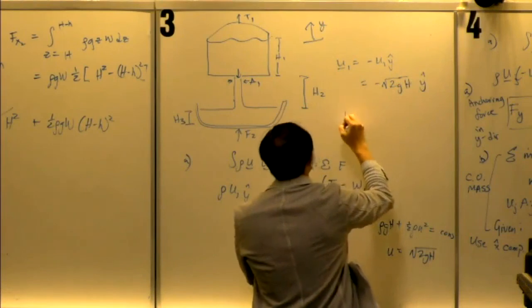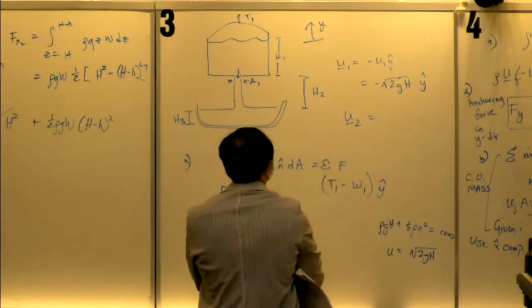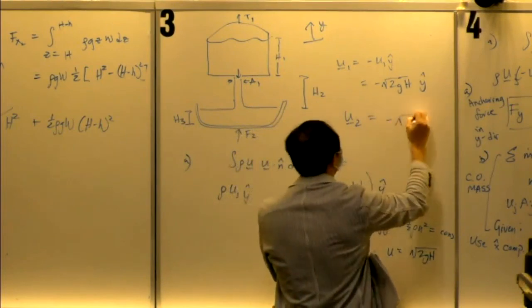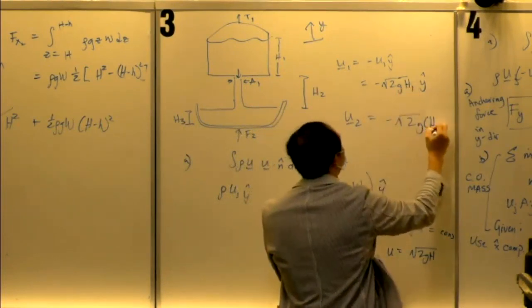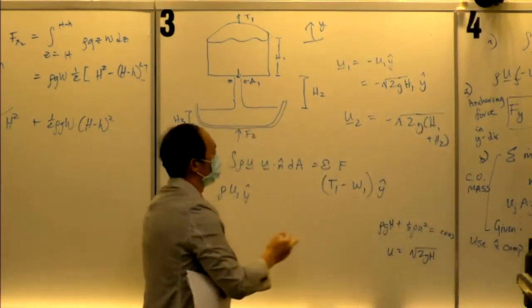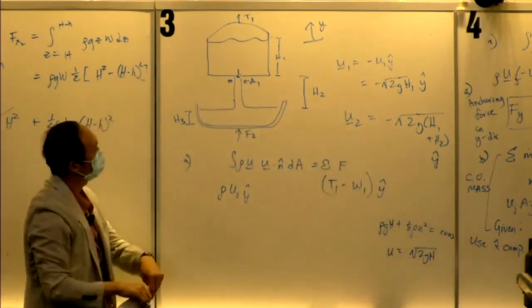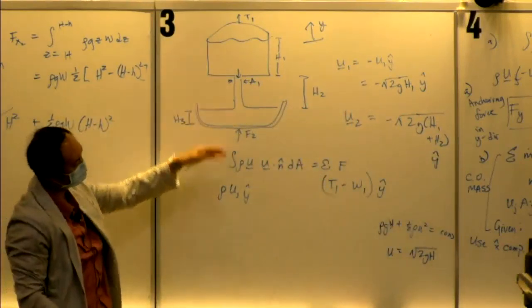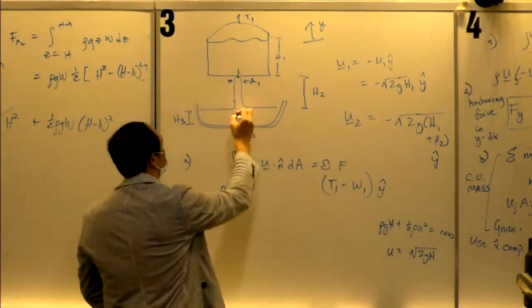And the issue with u2 is that it keeps on falling. So this is going to be negative square root of 2g(h1 plus h2), right? Y hat. So you got basically one speed here because of falling to height h1, and then another speed because of falling h1 plus h2, okay? Where this is u2.